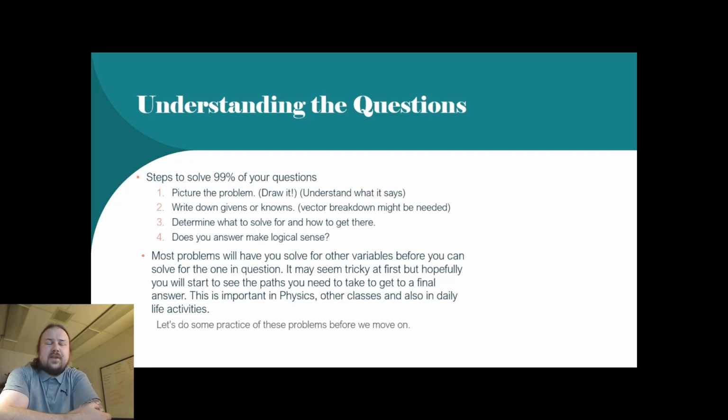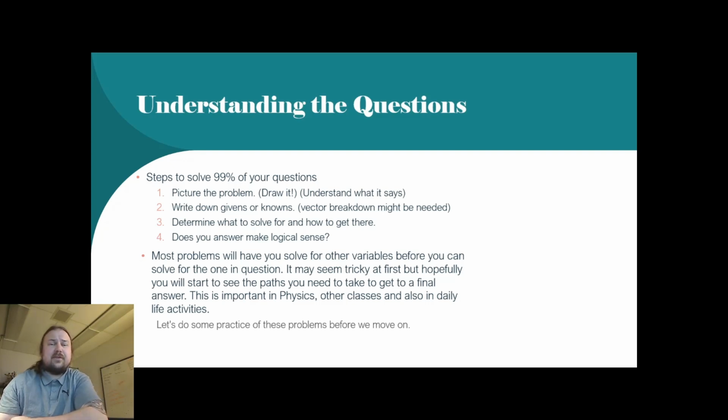Okay, the next step I like to do is to write down all the givens, all the knowns, what was in my problem that was provided for me. Usually I put these in tables, or I'll have them listed along the side. That way you're not going back and rereading the problem a dozen times to try and catch something that maybe was said. You have a nice list of everything that was known.